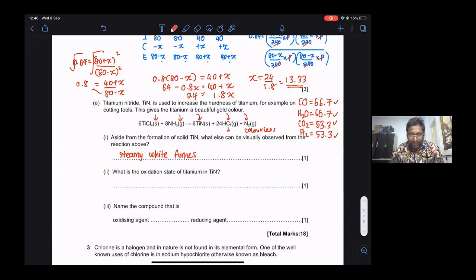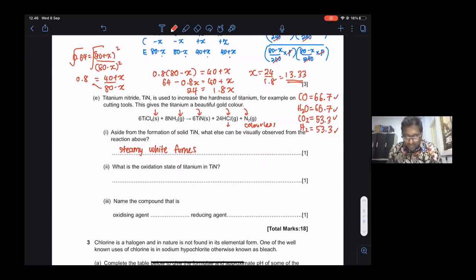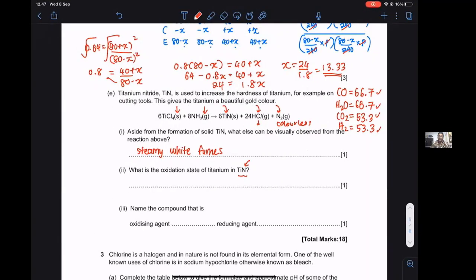And then what is the oxidation state of titanium in here? If you want to find out the oxidation state, it's quite simple. You just need to look at nitrogen, which is from group 15. Nitrogen tends to form N3-.